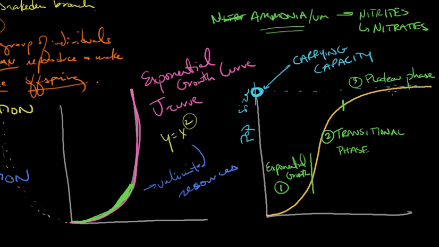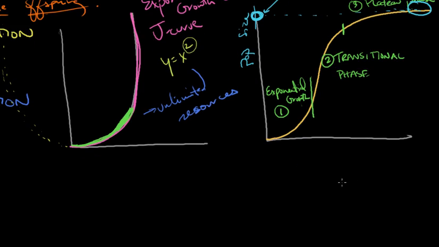And if we were to zoom in on this section right here, I'm going to scroll down a little bit, what we would actually see is it going up and down over top of and around the carrying capacity.